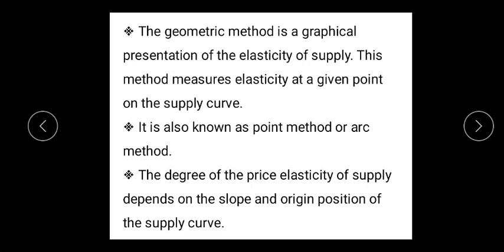First, elastic supply, when elasticity of supply is greater than 1. Second, unitary elastic supply, when elasticity of supply is equal to 1. And third, inelastic supply, when elasticity of supply is less than 1.